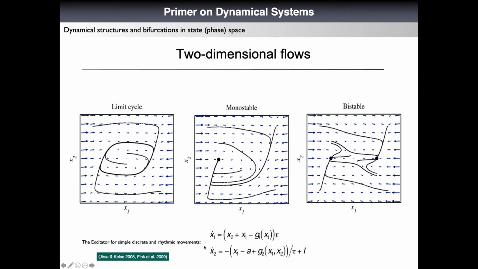Now, bifurcations can also obviously happen here. I just show you a picture of an example. We have a similar set of equations of 2 dynamical variables. And depending on the parameters here, we can get at least 3 different dynamical objects. We can have a limit cycle, which, as we said, is a closed trajectory, and it models oscillatory dynamics.